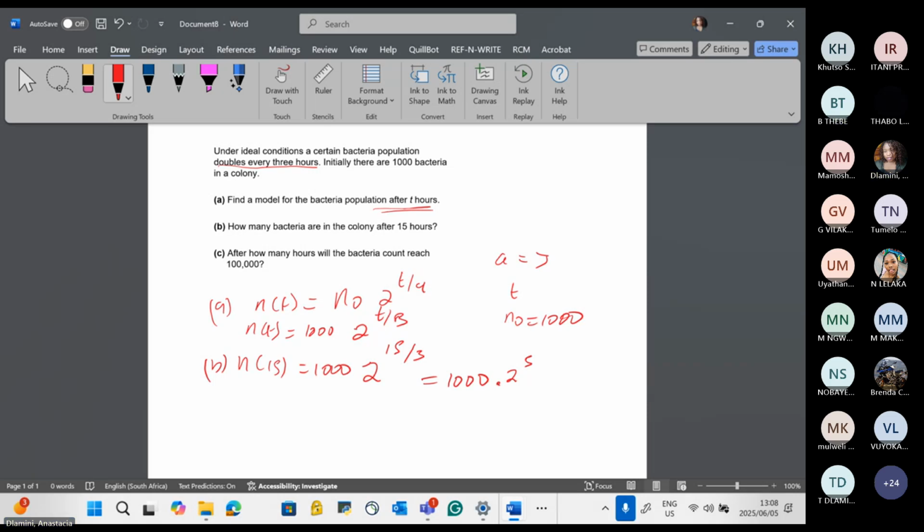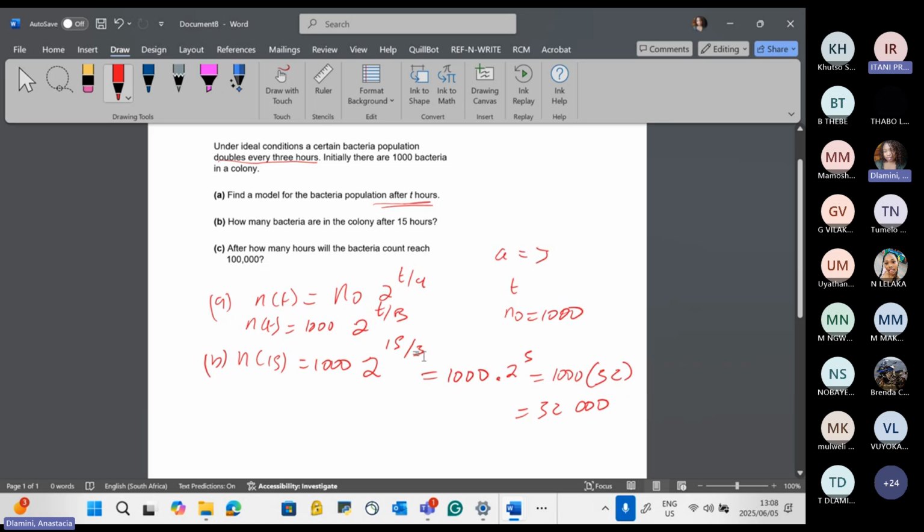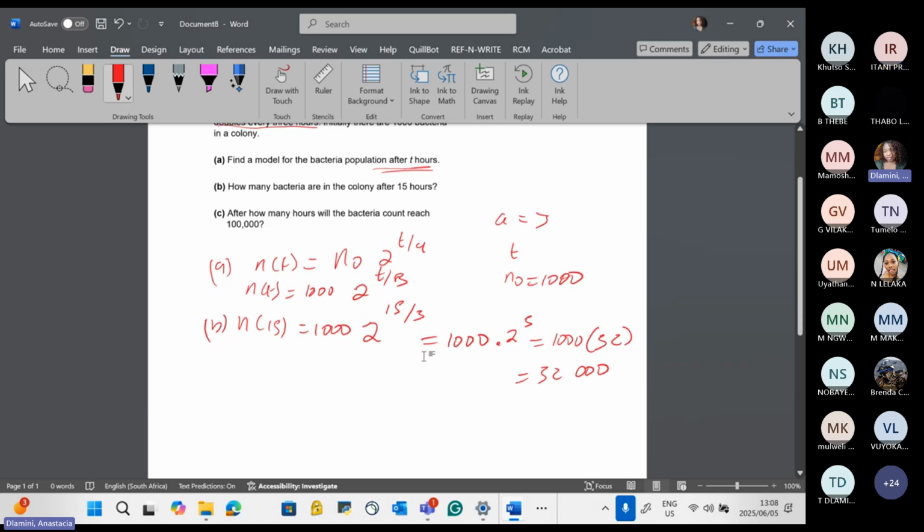Isn't it 32? 2 times 2 is 4, times 2 is 8, times 2 is 16, times 2 is 32. Well done. So do you see that you don't need calculators for some things? Guys, use your brains. And then, after how many hours will the bacteria reach 1,000?